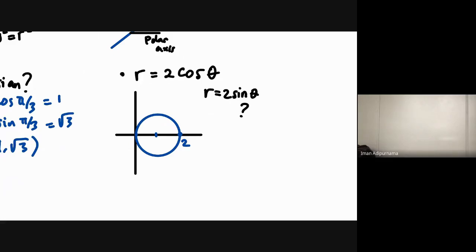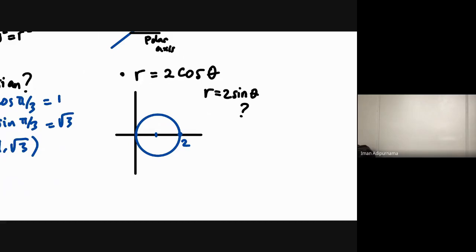Sine is 0, right? So it starts from here. Got it? What I want to show you here is that we will have a pattern: 2 cos theta, 2 sine theta.